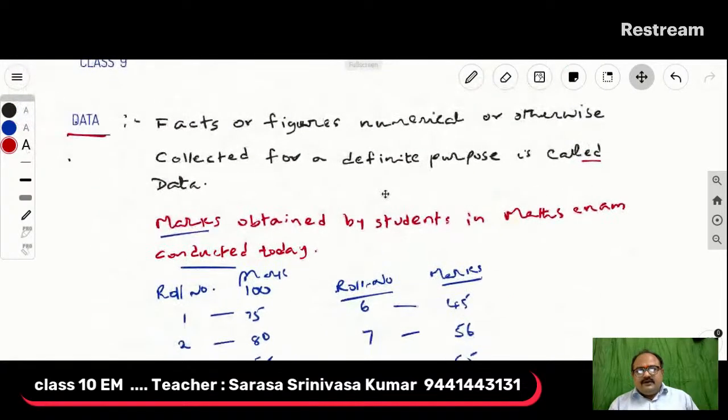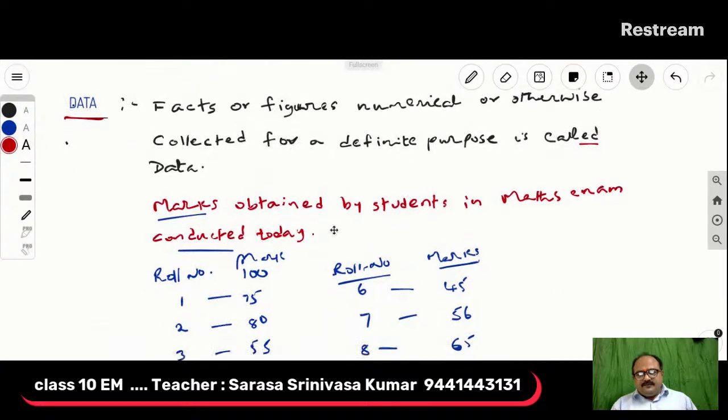So what do you mean by data? First, this concept must be understood. Data means facts or figures, numerical. Here numerical means we are expressing all this in terms of numbers, collected for a definite purpose.